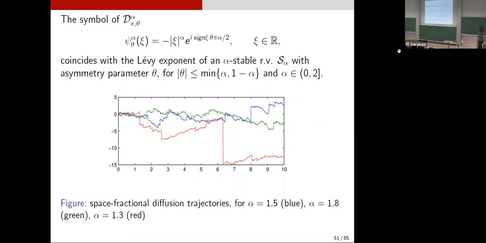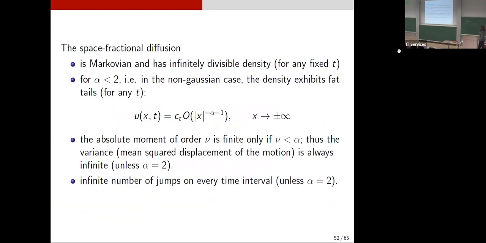For example, we are back to the Gaussian case, the case of a Brownian motion, when alpha is equal to 2 and theta is equal to 0. Okay, but never mind. I can go directly here, and in case I can come back.